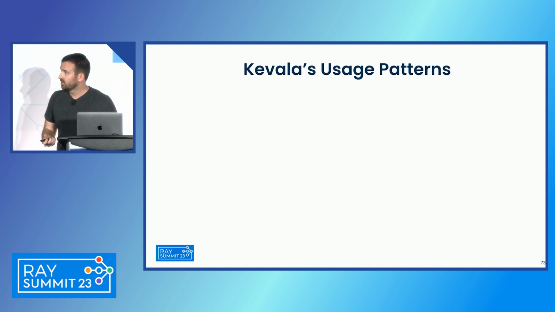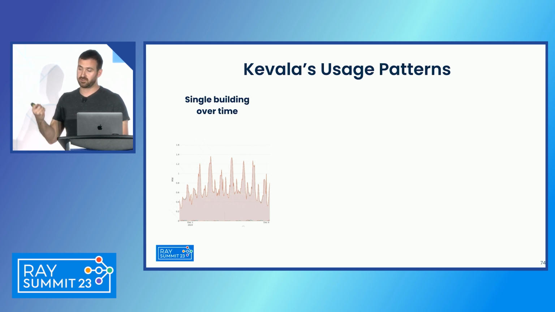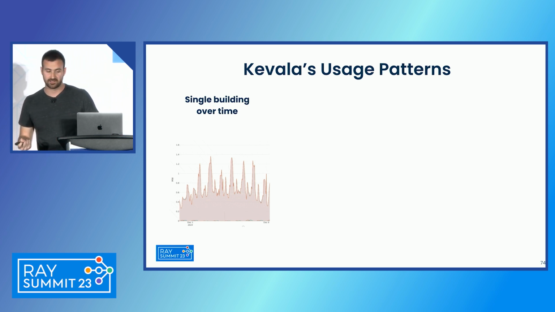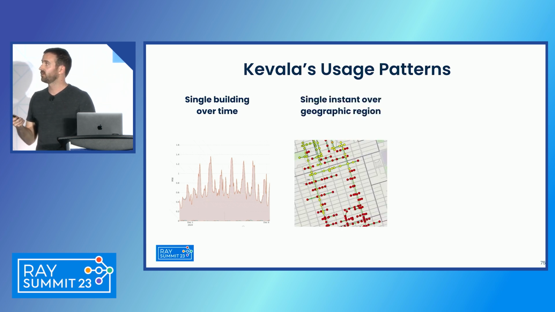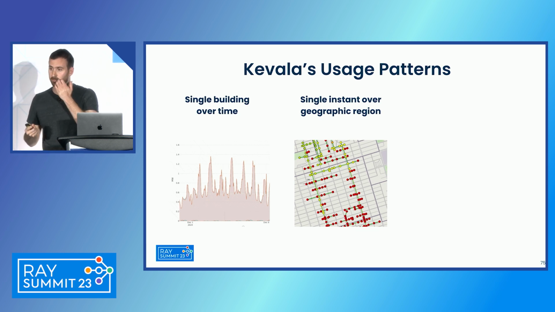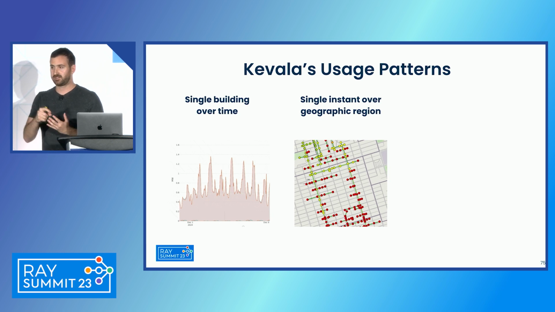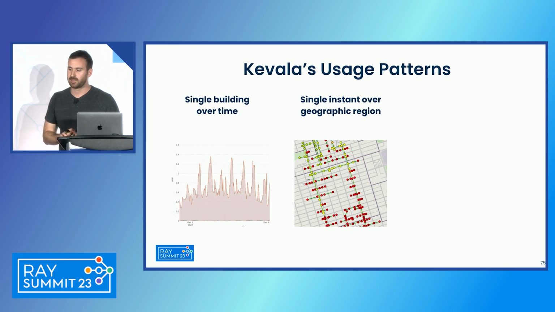So at Kavala, we have a few different usage patterns. One of these is retrieving data for a single building over time. This is kind of your classic time series usage pattern, nothing special here. But the other one that we have that's a little more tricky to handle is that it's also important for us to be able to retrieve data for an entire geographic region for a single instant in time.